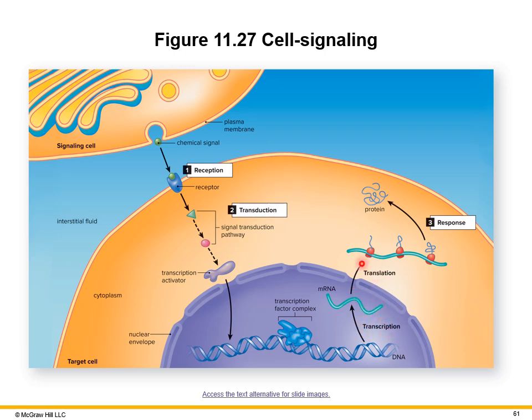And that's going to increase the level of translation of the mRNA and the increased production of the protein. So reception is going to be the binding of the chemical signal to the receptor. Transduction is the sending of that signal from the outside to the inside. And response is the end product that we get.